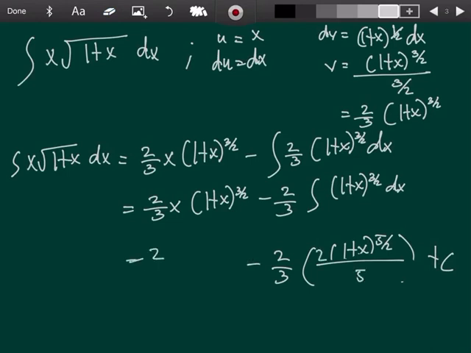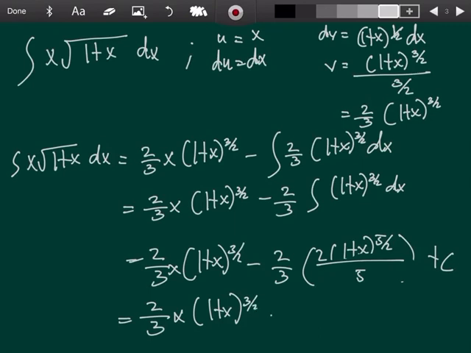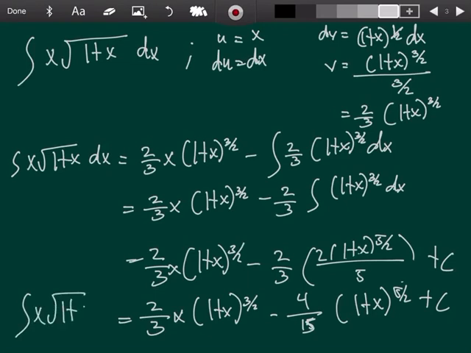Copyin natin to. 2/3 x (1 plus x) raised to 3/2 minus 2/3 times 2/5, obviously 4 over 15, (1 plus x) raised to 5/2 plus c. Okay, 15 yan ha. So that's it. The integral of x times square root of 1 plus x dx.